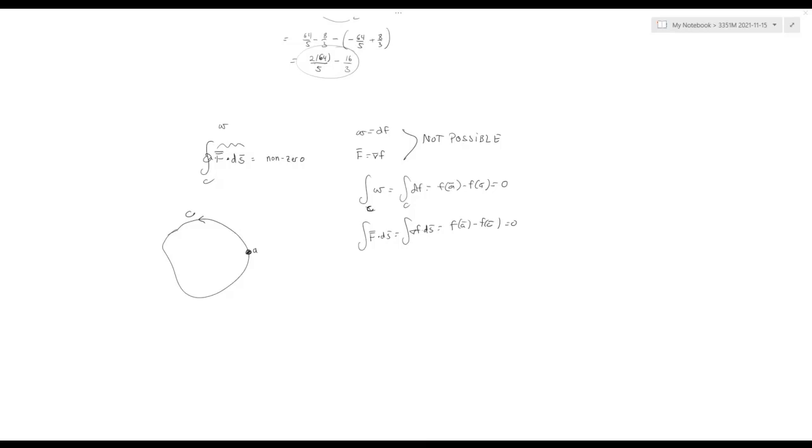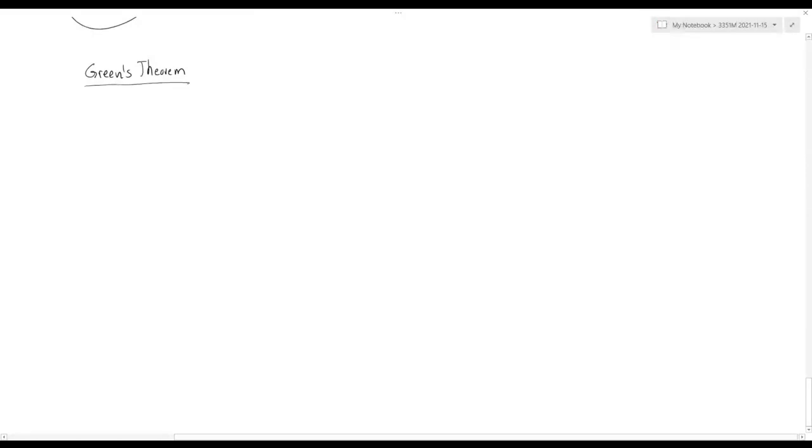So I don't know how much time we have, 15 minutes. Right, so let's look at, just as a review, not detailed stuff, Green's theorem. So this is another manifestation of the fundamental theorem of calculus.